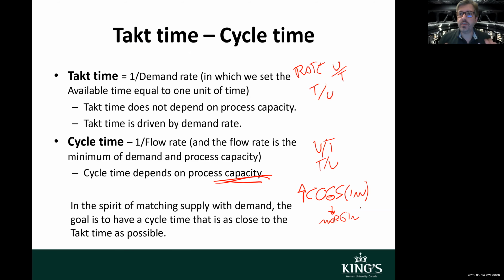What you should do is find your demand and work at the pace that your demand requires. 1 car per minute, 1 sandwich per minute, or 1 patient every half an hour, or 1 call every 30 seconds, right? So that's the way that you should be thinking about it.